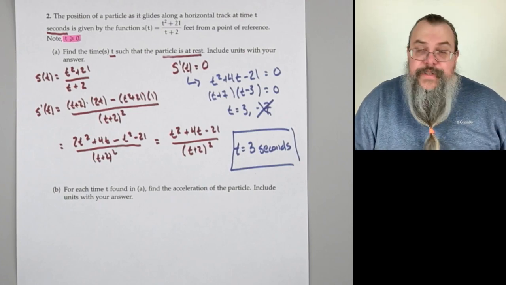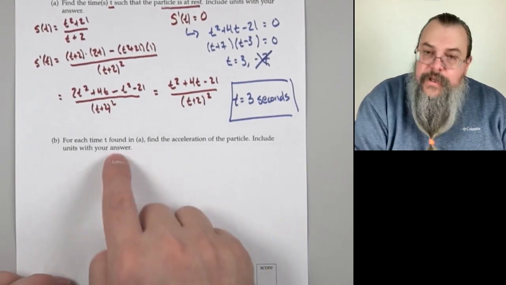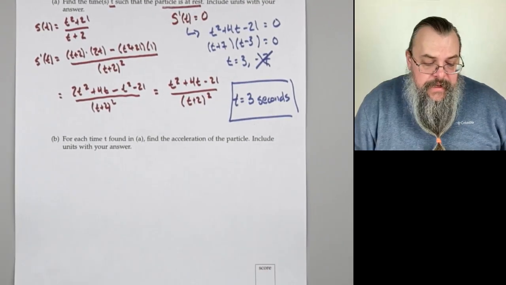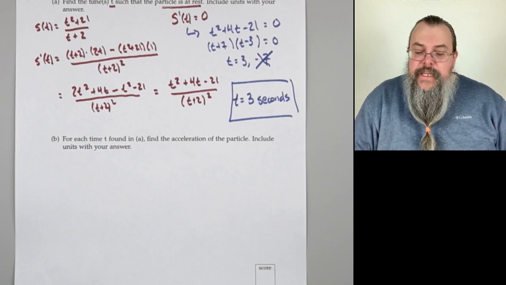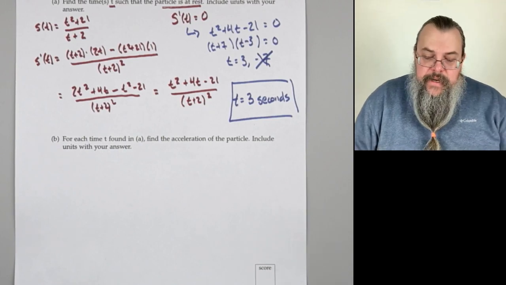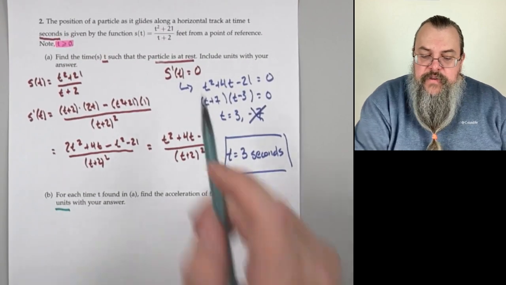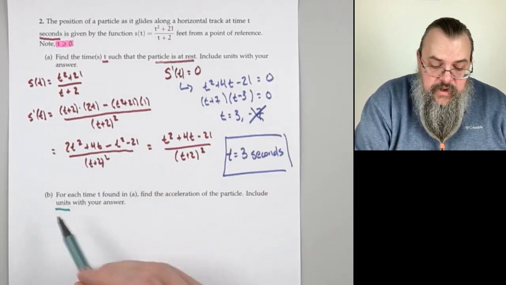Let's go into the second part of this problem. It says for each t, well, there's only one, so we just have the one t found in A. Find the acceleration of the particle and include units with your answer. Now, for units, we can do our units pretty quickly, right? Because our position is in feet.